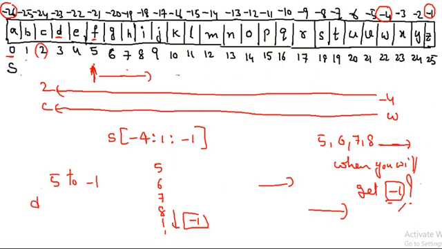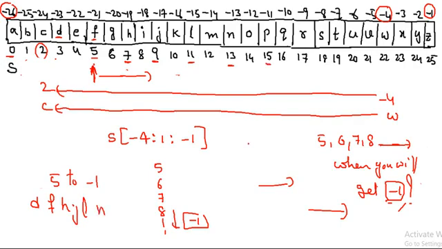D. First D will be printed. The next alternate index is 5, which is F. The next is 7, which is H. Then 9, which is J. Then 11, which is L. Then 13, which is N. The next is 15, but 15 is not in our range.